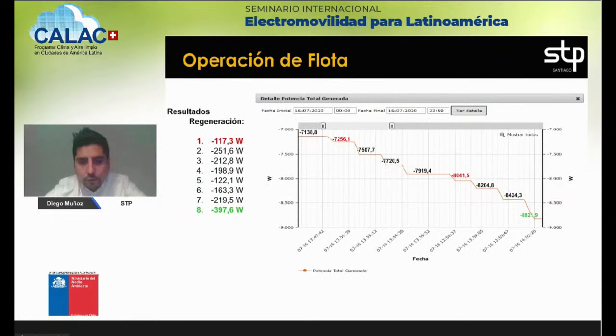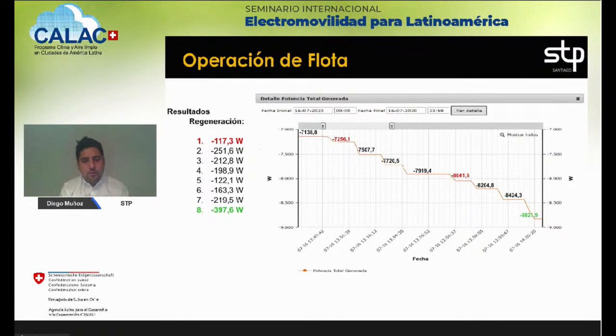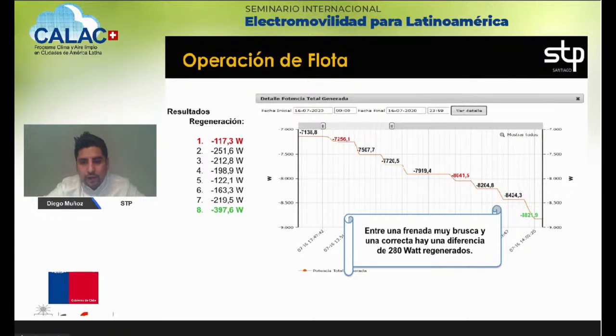With that, there were 8 study cases, or 8 examples, that you can see on your screens, and you can see how much power was regenerated. In case one, in red, it's a very abrupt slope, and in the last case, in green, what was requested of the driver was to brake appropriately. Here you can see that there is a difference of 280 watts in the regenerated power.